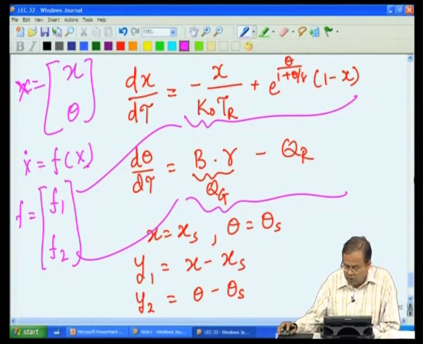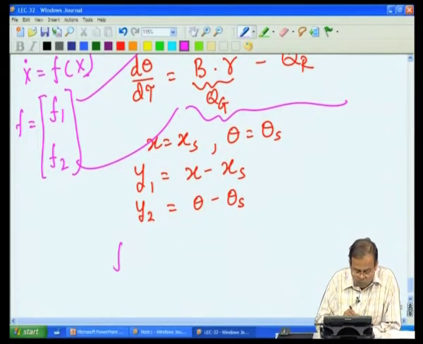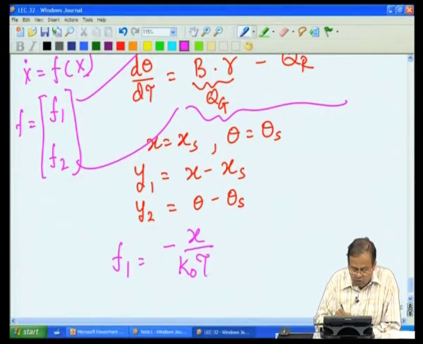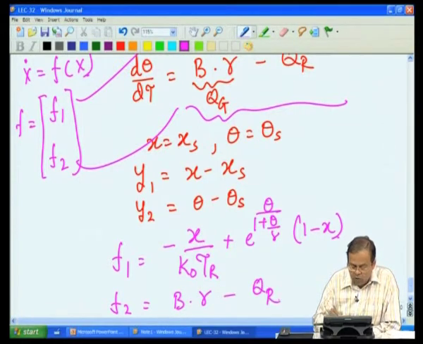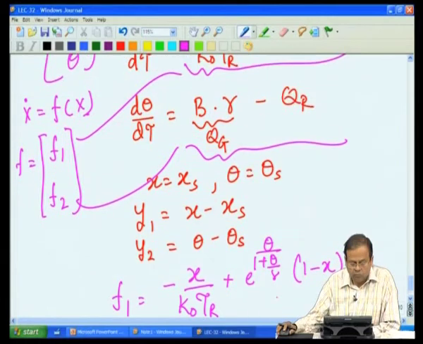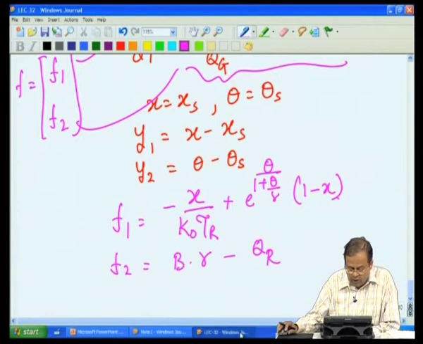In other words, my f 1 is minus x by k 0 tau r plus e raised to theta by 1 plus theta by gamma into 1 minus x, and my f 2 is b into r minus q r. Okay. So, these are my f 1 and f 2.